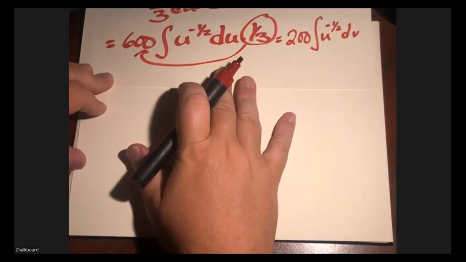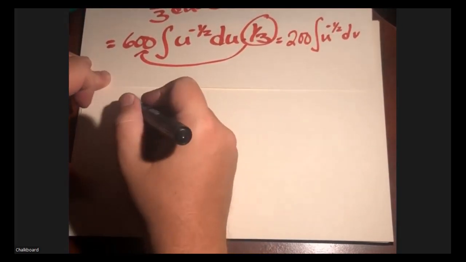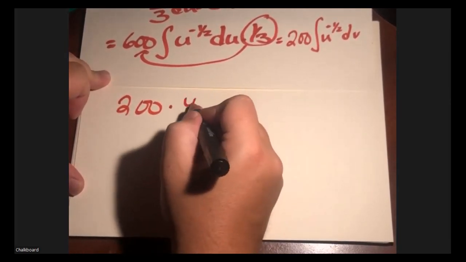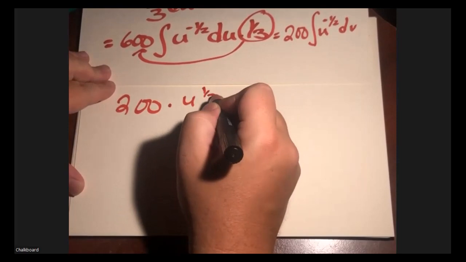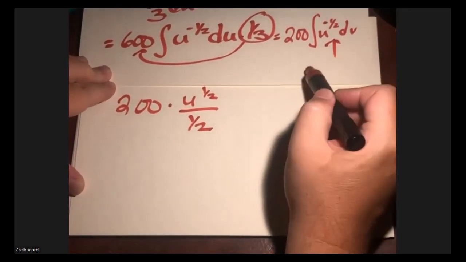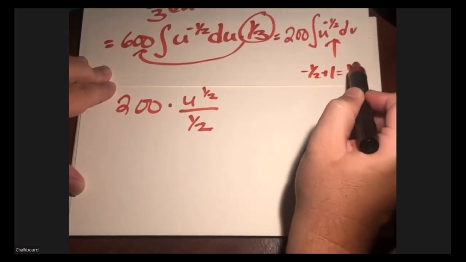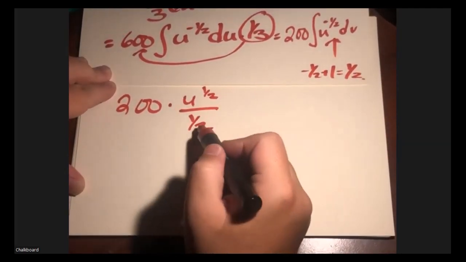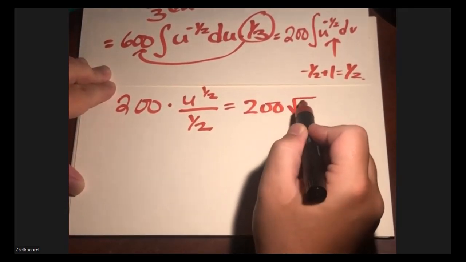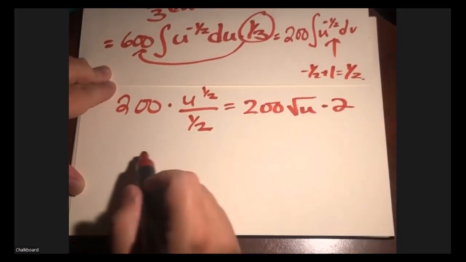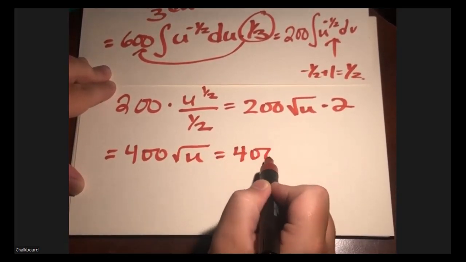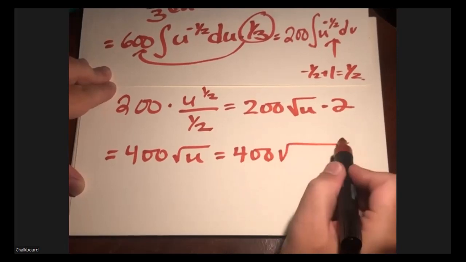So that's going to be 200 times u to the positive 1/2 over 1/2, because negative 1/2 plus 1 is 1/2. So dividing by 1/2 is like times 2. Now it looks like this: 200 root u times 2, which is 400 root u, and u is 3x plus 1.